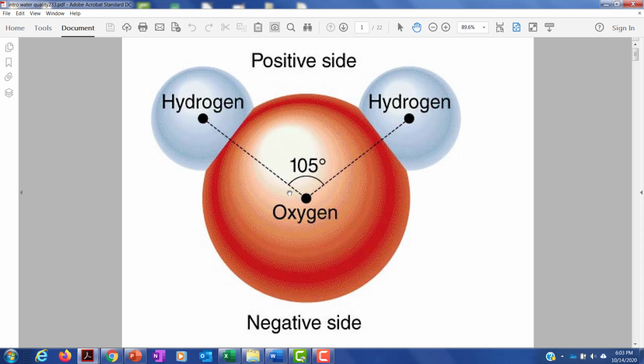But the hydrogens tend to ball up on one side of the molecule. And so the positive charge of the hydrogen tends to accumulate on one side of the molecule, and so that ends up being positive, and the other side is negative. And that gives water a lot of its properties.